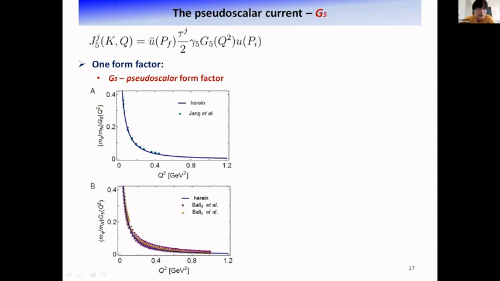In these 2 panels, this blue solid line is our computed result, and in the upper panel, these green diamonds are the lattice results from Young's group, and in the lower panel, this is the band of lattice results computed from 2 different methods. We can see that in these 2 panels, our computed results are in good agreement with the lattice results.